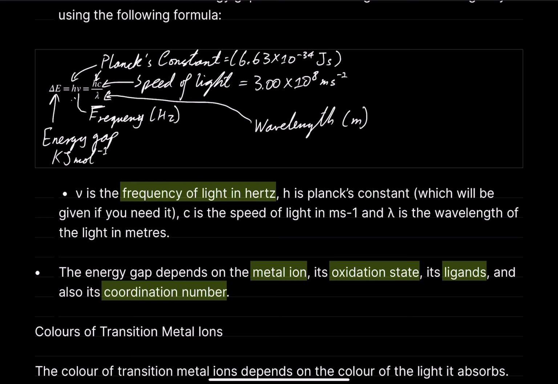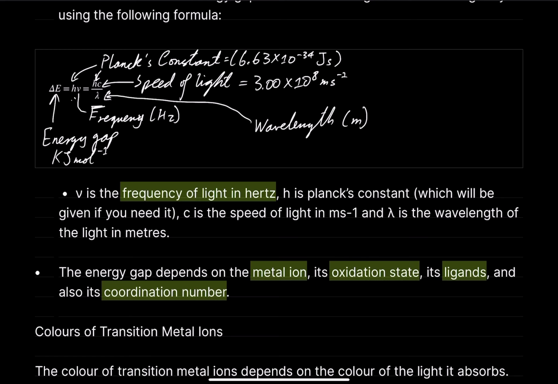Ligands: you may have the same transition metal ion but with different ligands. So iron(II) hexaaqua will probably be a different color to iron(II) hexaammine. The ligands will also affect that energy gap, and so will the coordination number.